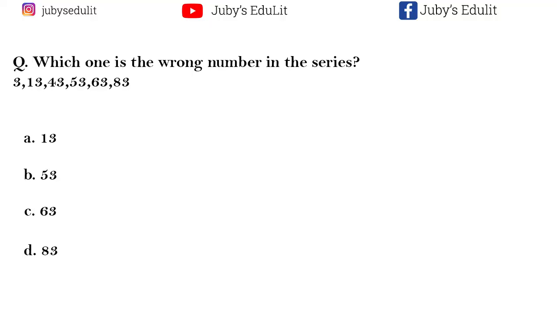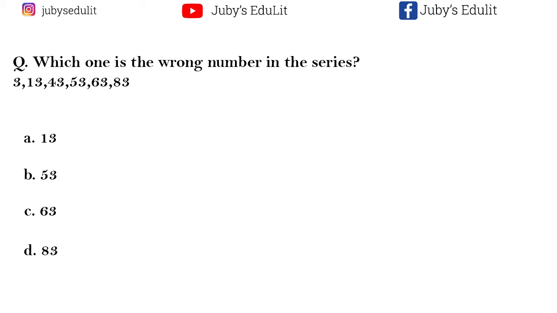Now let's discuss the fourth question. Here a series of numbers is given and you have to find the odd one out, the wrong number out of this: 3, 13, 43, 53, 63, 83. And the given options are 13, 53, 63 and 83. First of all, when you get a number series question like this, we have already done videos on number series, and if you haven't checked them out, just check them out.